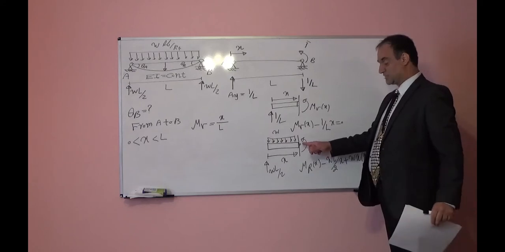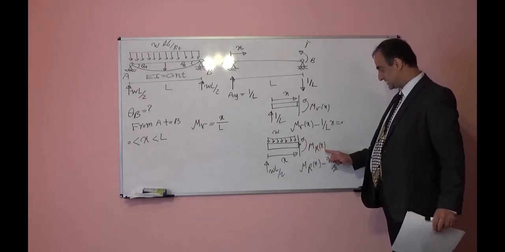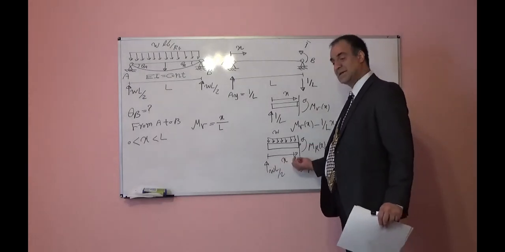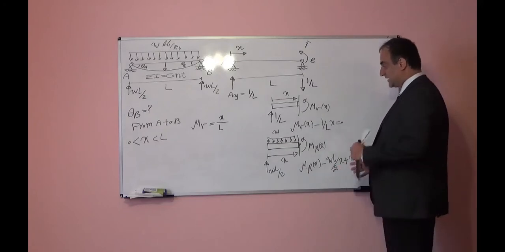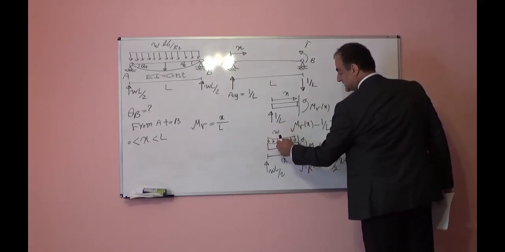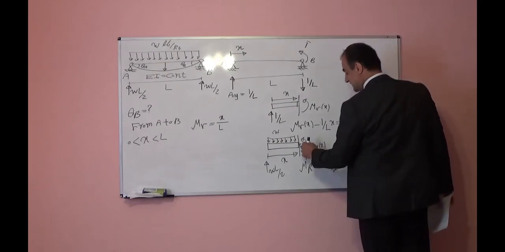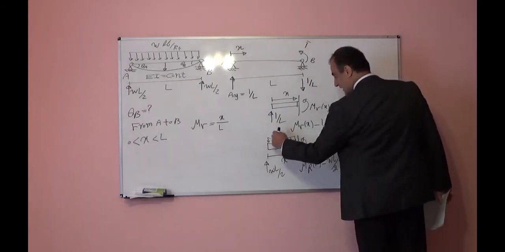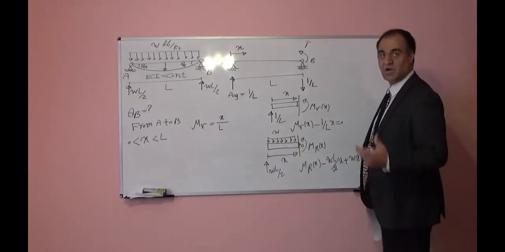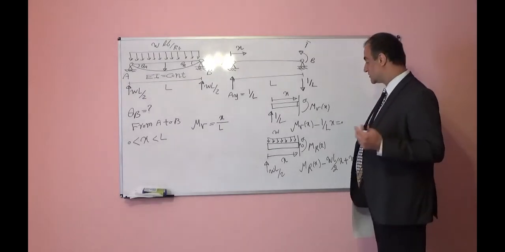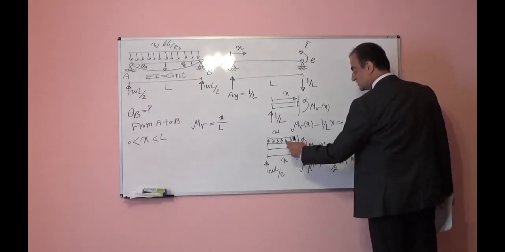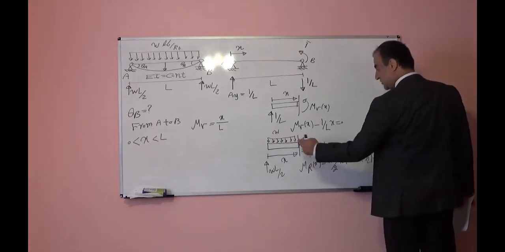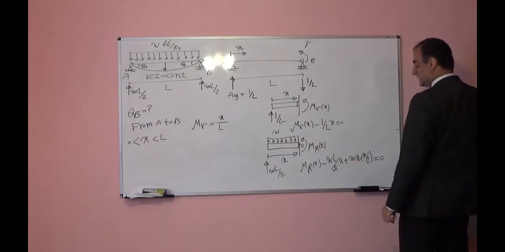I am taking moment with respect to the cut point: M real counterclockwise, positive, minus WL over 2 times X clockwise, so negative, plus the moment this distributed load will create with respect to this cut point, counterclockwise, so positive. W times X will be the entire load or resultant force, times, where is the location of the resultant force? In the middle, in the centroid of this distributed load. So times X over 2 is equal to 0.